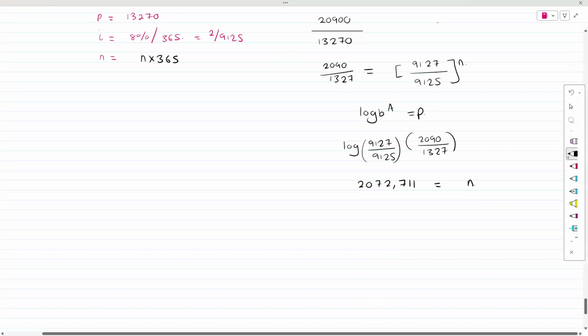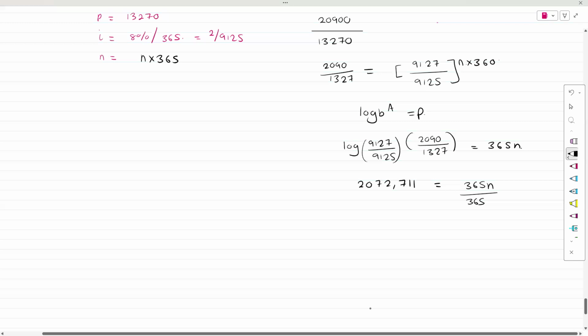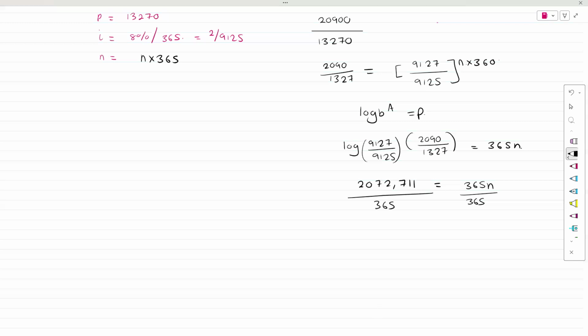So don't forget what we did, was that n was times 365. So this equals 365n. And now I can divide my answer by 365, and we should be good. 5.6786 equals n. Right, and we should be done with this, right?